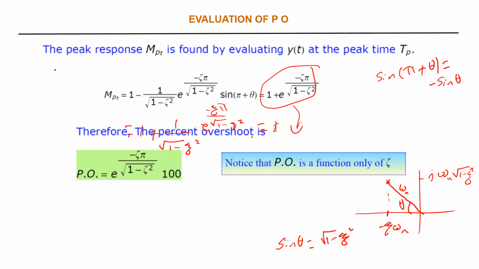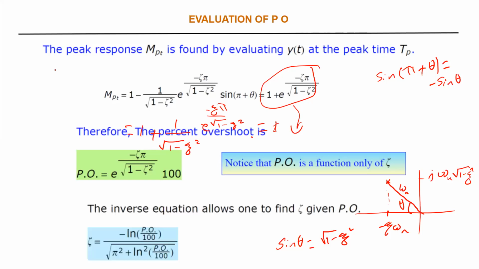Now, if I would like to find zeta, you solve this equation by taking the inverse, or by taking the ln of both sides and solving. In the exams, you don't have to worry about memorizing those. Either we'll let you bring a formula sheet or we'll provide it. So basically, what we are saying here is the overshoot is a function of zeta only.